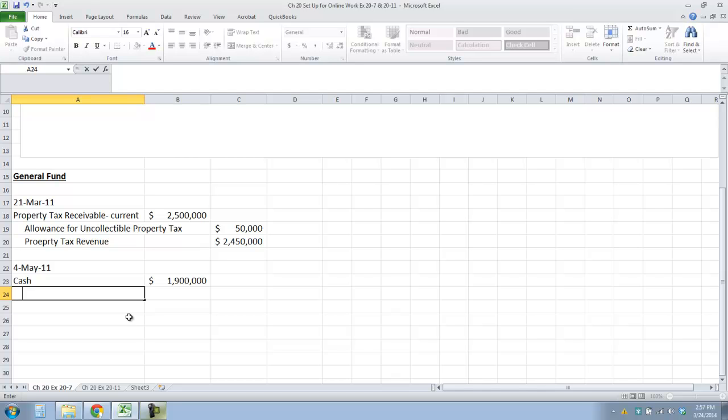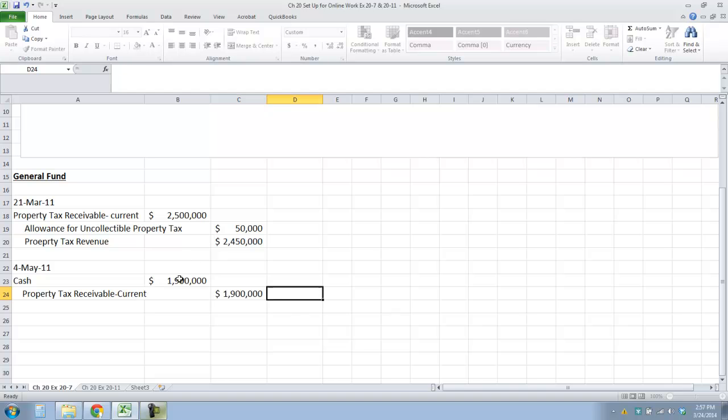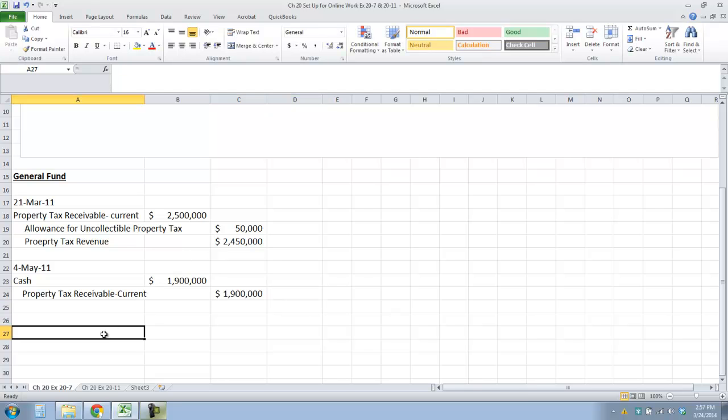So then we must do property tax receivable. So we must remove this receivable, current, for $1,900,000. And then we are going to put the delinquent taxes here. So taxes receivable delinquent.